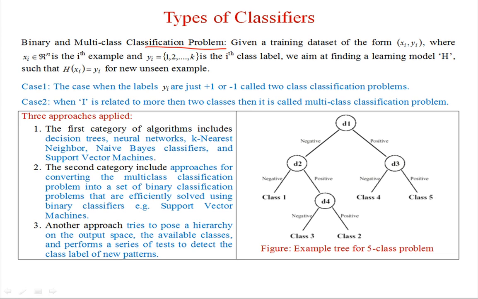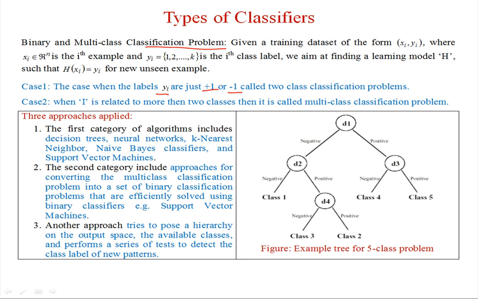Actually, in classification there are two cases. First is binary classification and second is multi-class classification. In binary classification, the class yi has just two labels, +1 or -1.